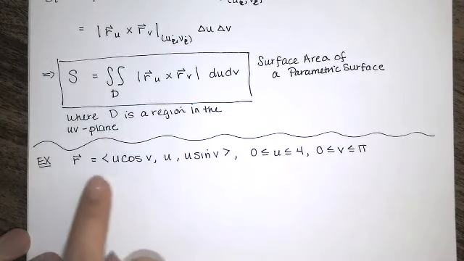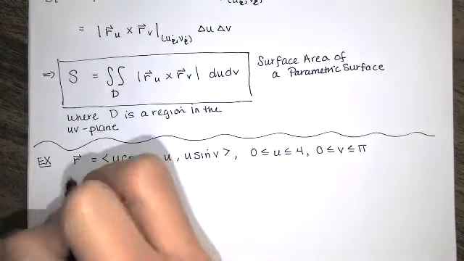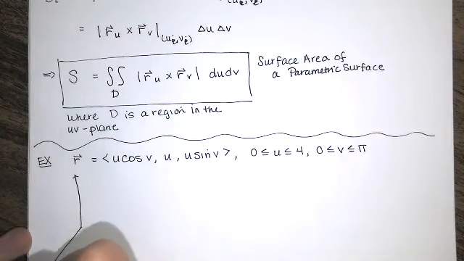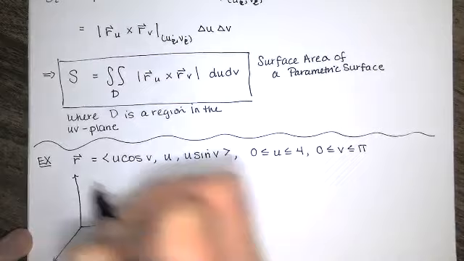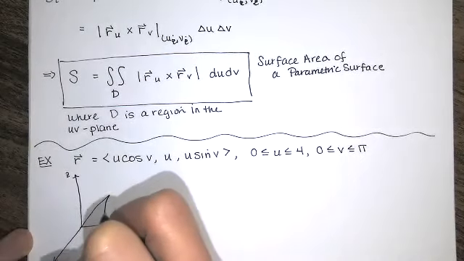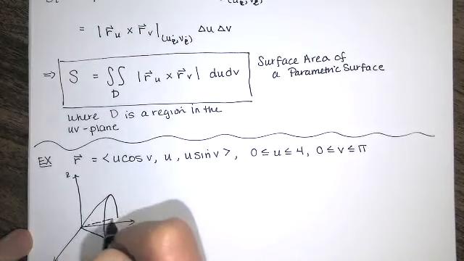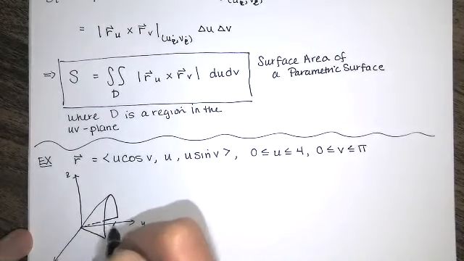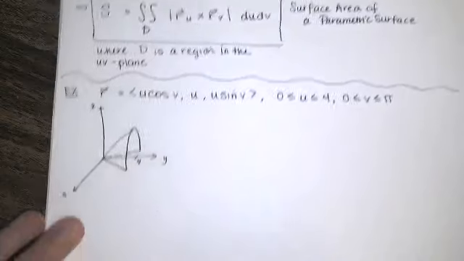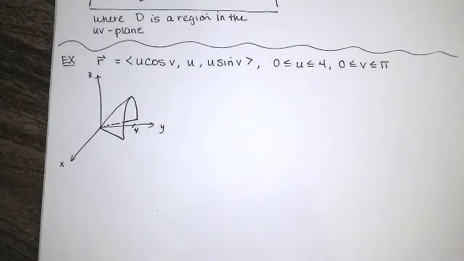And we know that this represents part of a cone that lies above the xy plane. And it looks roughly like that. And we know it ends here at y equals 4. Okay.